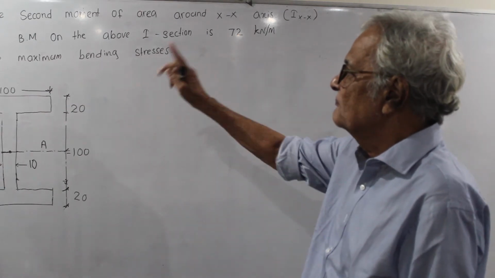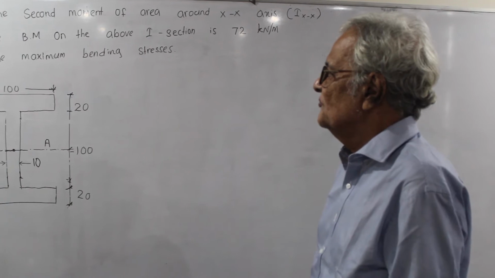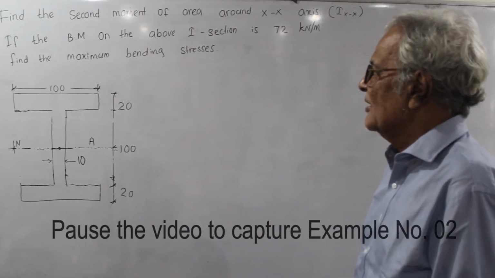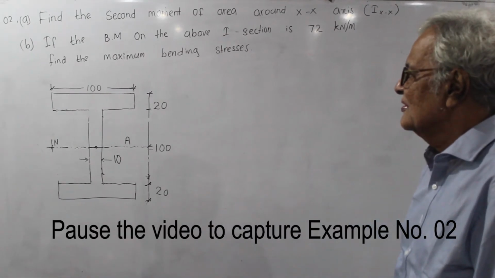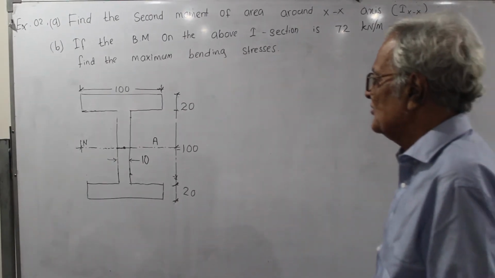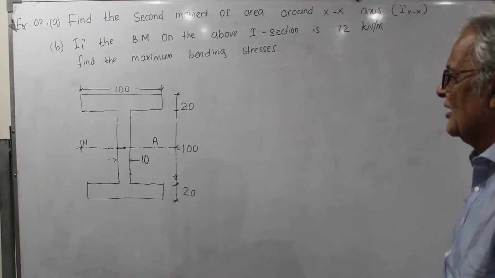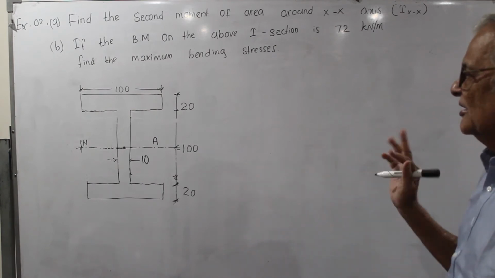Now we have example 2 given on the board. Here we have to find the maximum bending stresses in an I section. First, we have to calculate the second moment of area about the neutral axis.